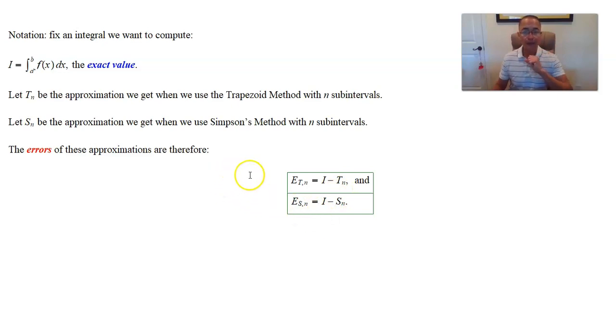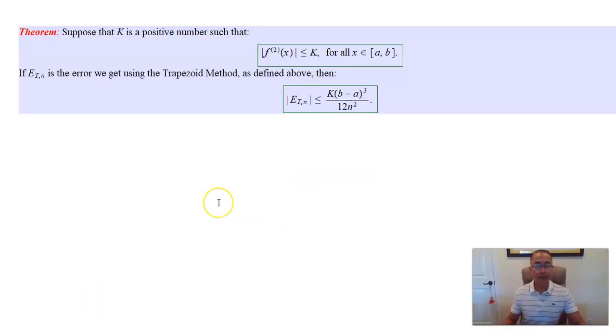Similarly for E sub Sn, the error that we will get when we apply Simpson's method to this definite integral using n subintervals. So here's the theorem that is going to tell us just how big the error is for the trapezoidal method.